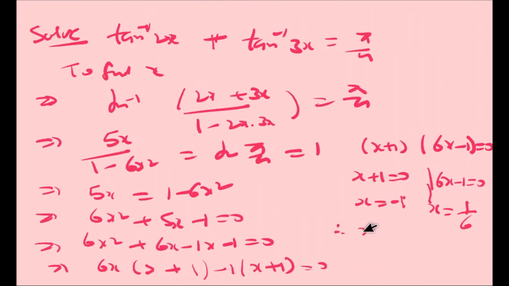Hence x is not minus 1, the answer is x equal to 1 by 6. Okay, why have we left x equal to minus 1? This may be explained using this, since LHS will be negative, so we can leave this.